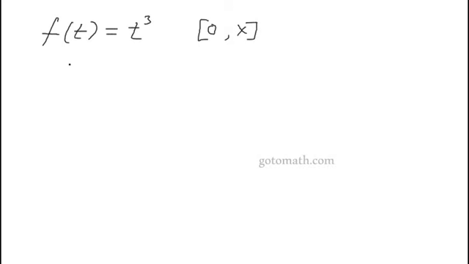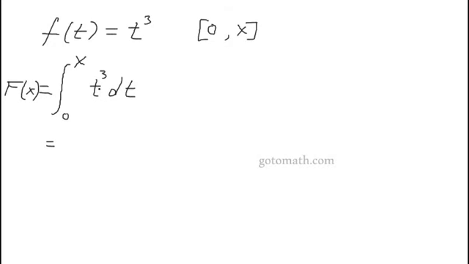I want to find the integral between 0 and x of t cubed dt. And we're going to call this capital F of x, which is equal to, remember what this was, the antiderivative.